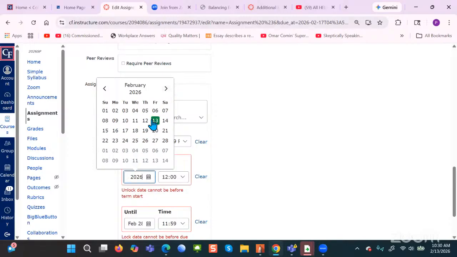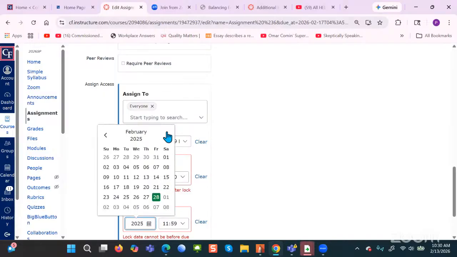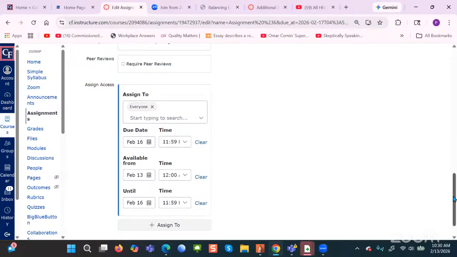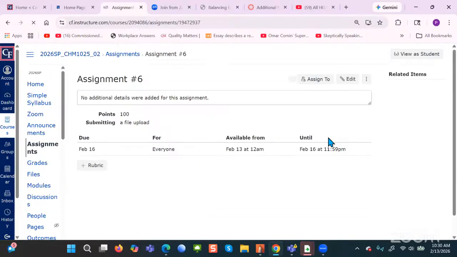Available from now until the 16th. Please remember when submitting your assignments, make sure that it's a PDF document. Make sure you do it in blue and black ink. Make sure you write your name on all the pages at the top.